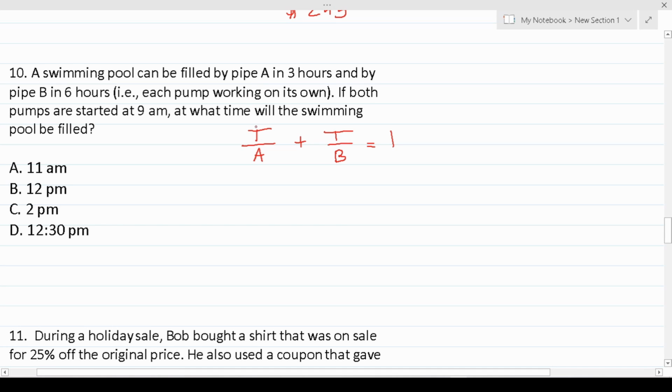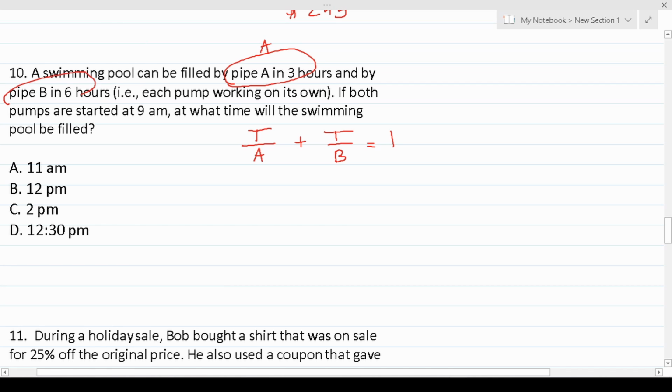So in this case, T would refer to the time it takes pump A and pump B working together to fill the swimming pool. A refers to the time it takes one thing to complete the task by itself. So we can let pipe A be A, and that means it takes pipe A 3 hours to complete the job by itself. And B refers to the time it takes the other thing to complete the job by itself.